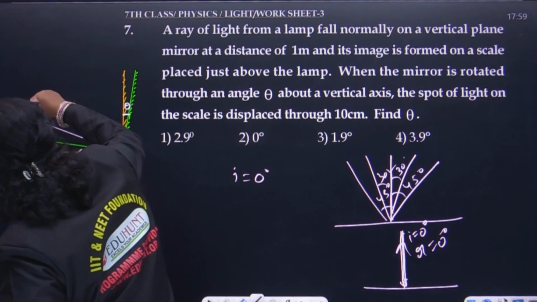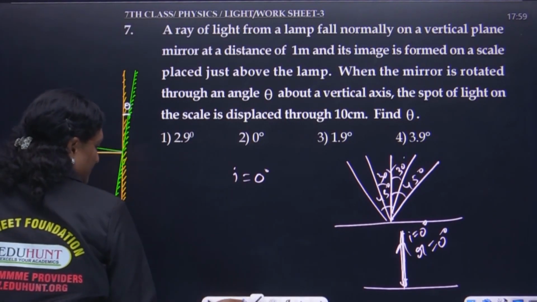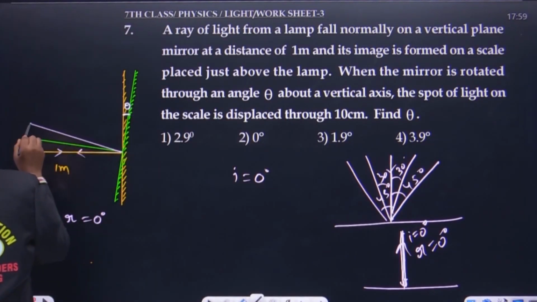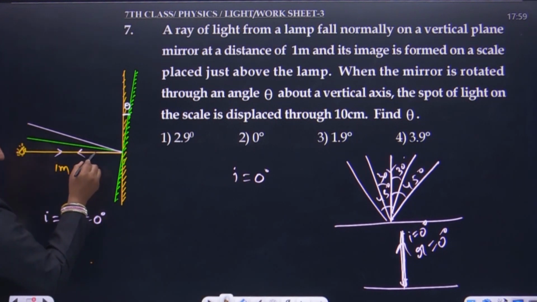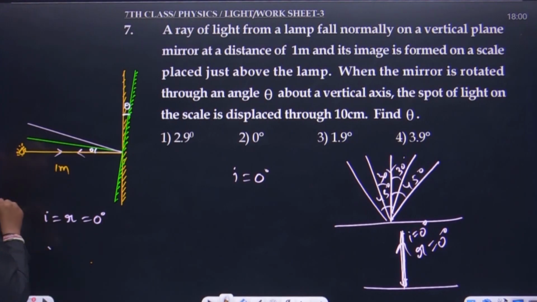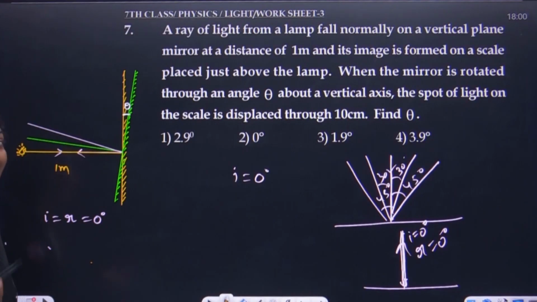It was given that the initial position of the normal was this yellow and the new position of the normal was at theta. So, whenever the normal shifts by an angle theta, we know that the reflected ray shifts by an angle 2 theta.